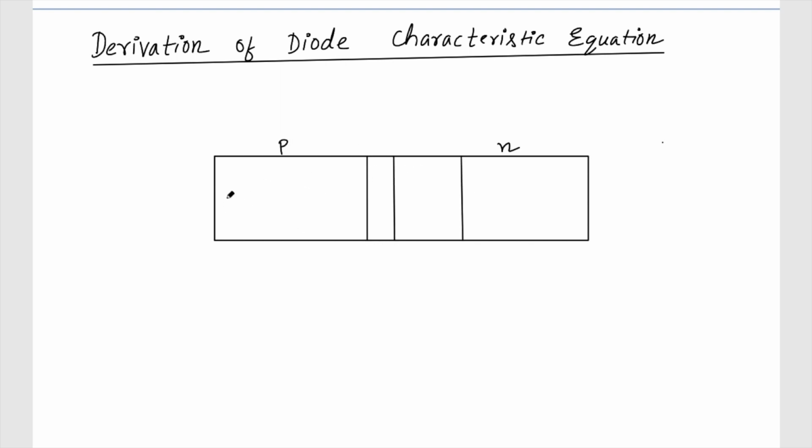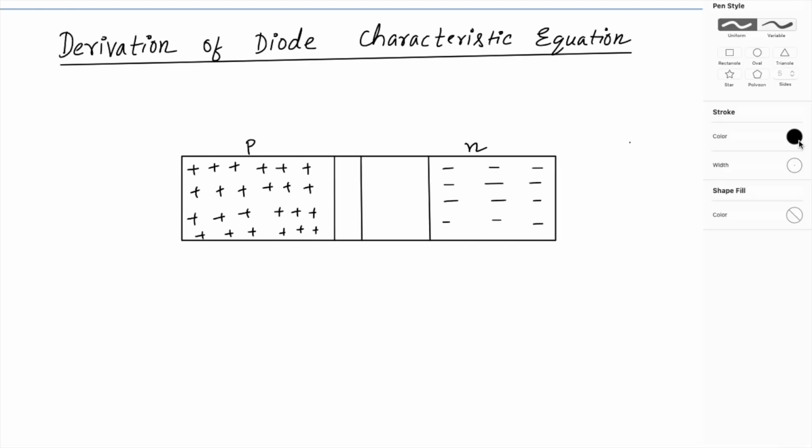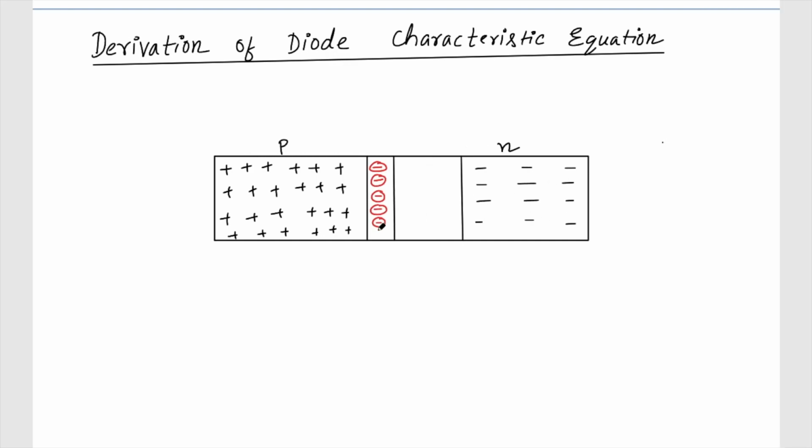Okay, this is my PN junction, where the P has a doping concentration higher than the N. And of course, this is a situation when we have applied a voltage.